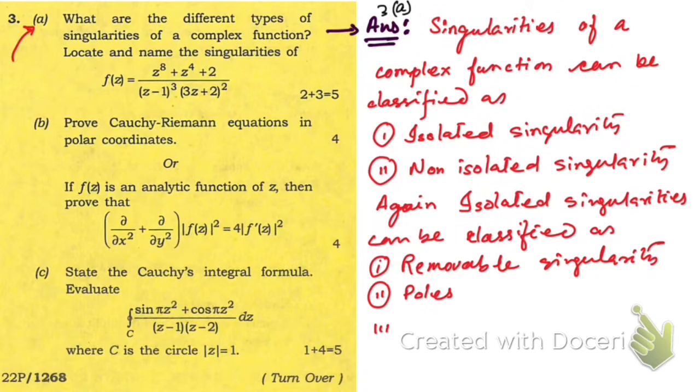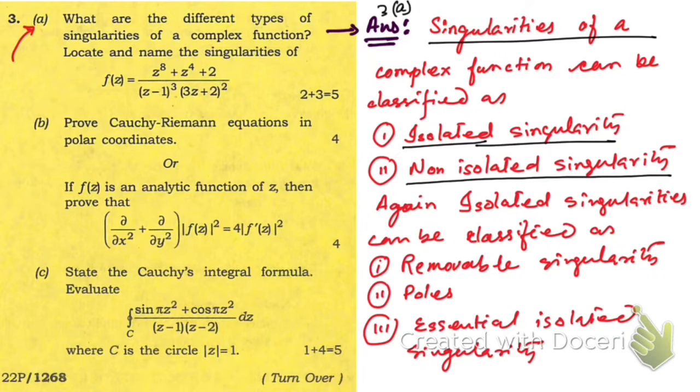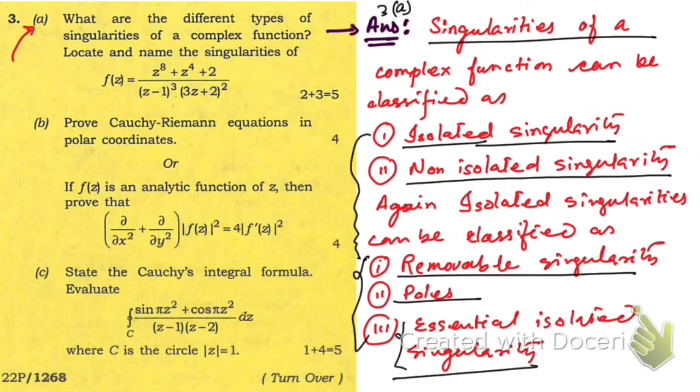Number 3, essential singularity. So these are the types of singularities. So hope you have understood this. So singularities can be classified as isolated singularity and non-isolated singularity. Then isolated singularity, further it can be classified as removable singularity, poles, and essential singularity.